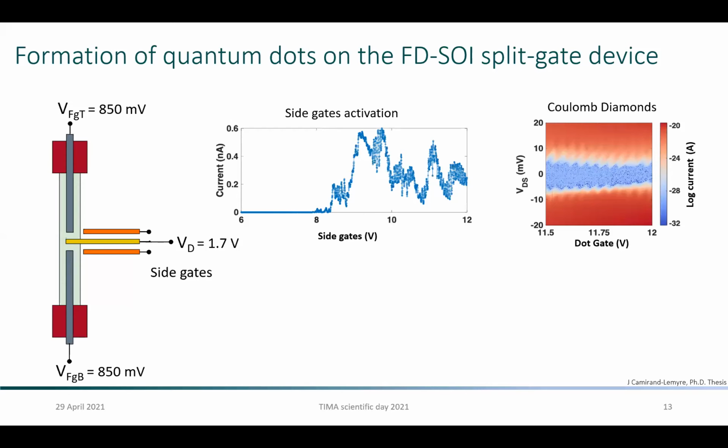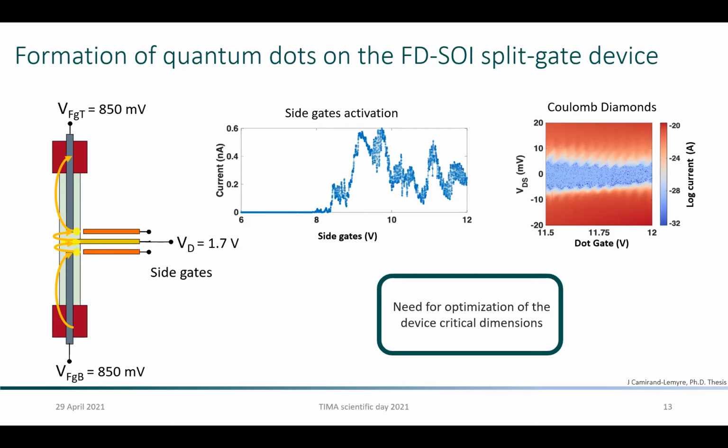And for this reason, the quantum dots that we want to have, as I showed you before, are not the same as the ones that we actually had, but they are formed here and here instead. And now the trajectory of our electron traveling from source to drain is this one. So it's critical to design smaller features.